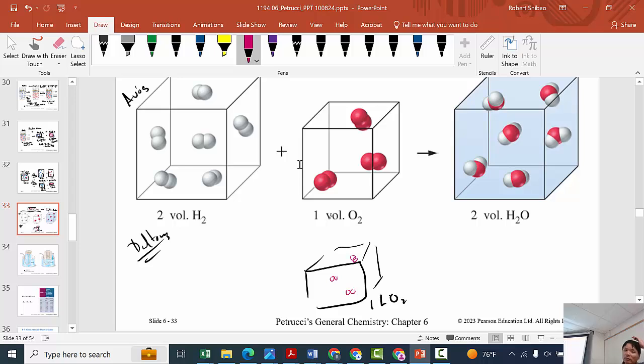How many liters of hydrogen do I need to add to it? 1 liter. And so how am I going to do that?